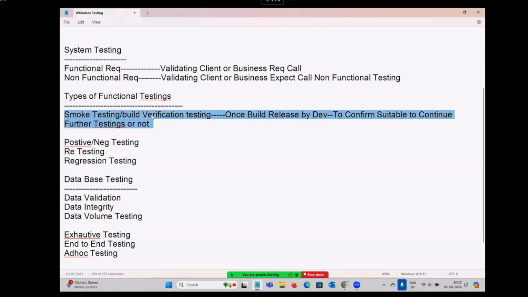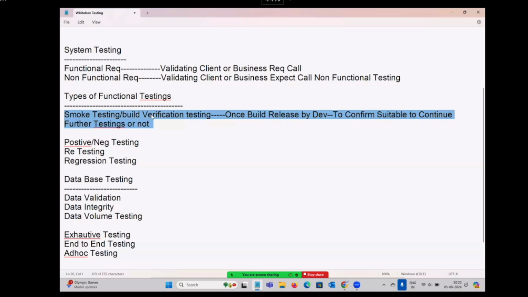During this testing, if the build is accepted, then every team member, every testing engineer, can start working on the application. What is meant by smoke and build verification testing?